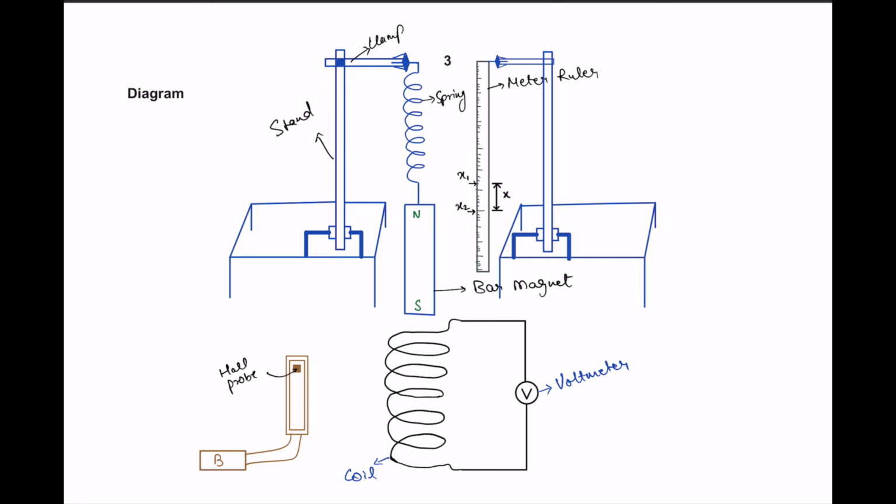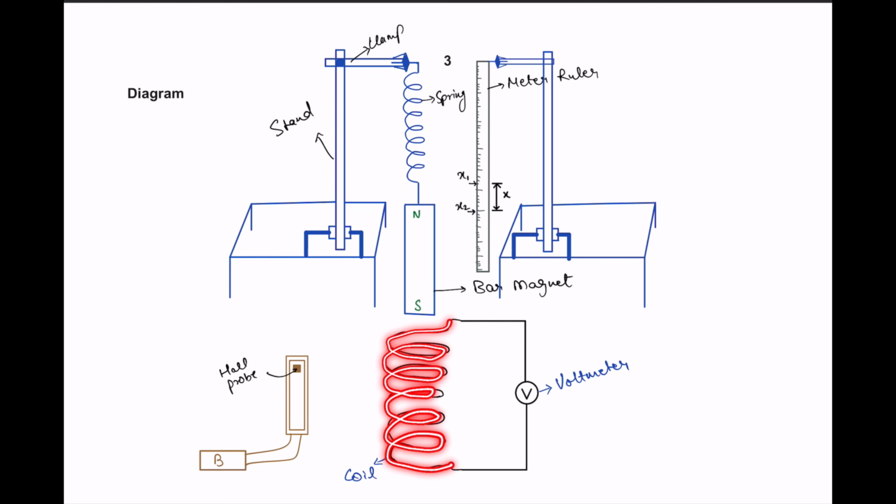So what I have suggested for this particular experiment: I have kept this spring with a bar magnet and clamped it with a rigid stand, and just vertically below I have kept a coil.